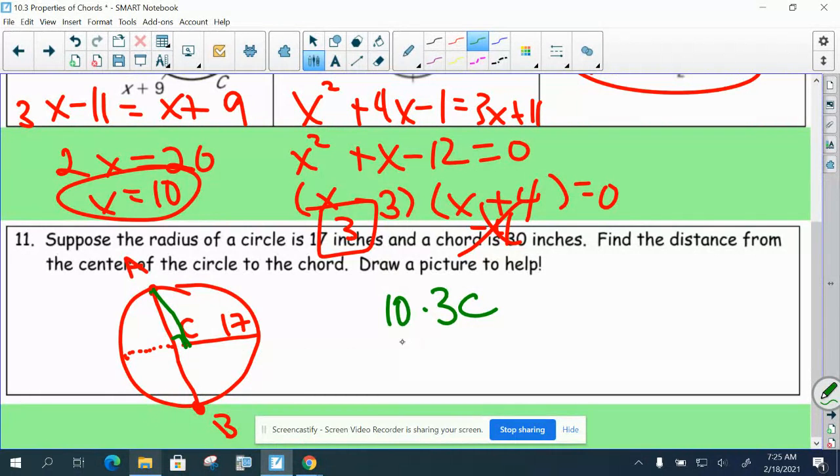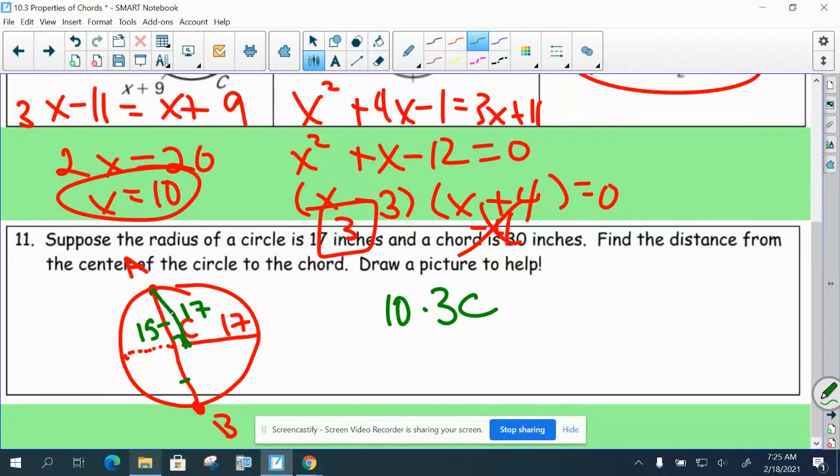So then we have a right triangle on our hands. So whatever this is, it must be congruent to that. So if the whole thing is 30, then this is 15. Then this is also 17 because that's the radius.